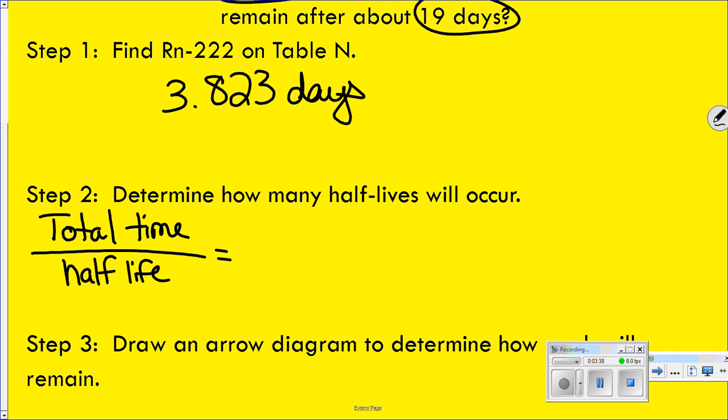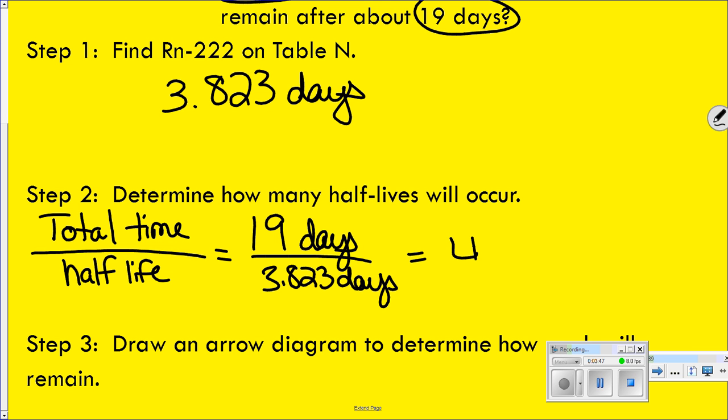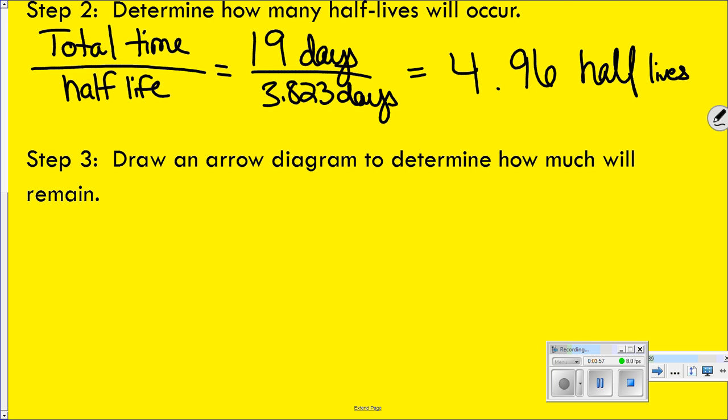So our total time is 19 days divided by 3.823 days, which gives us 4.96 half-lives. Now, you can actually have fractional or decimal half-lives. We are not going to really deal with those in Regents chemistry, so we're going to say this is pretty darn close to 5 half-lives.